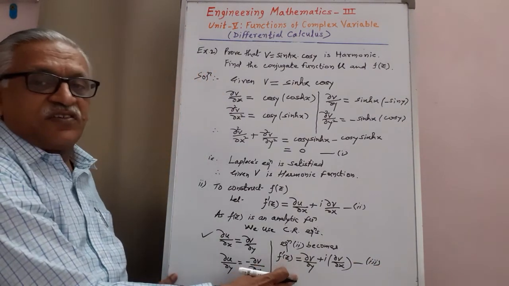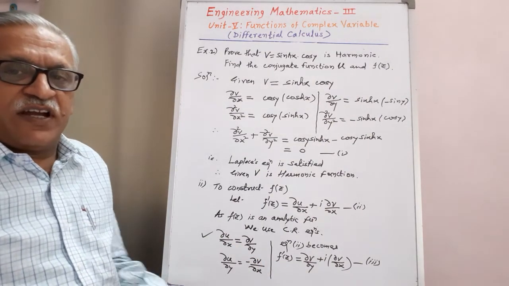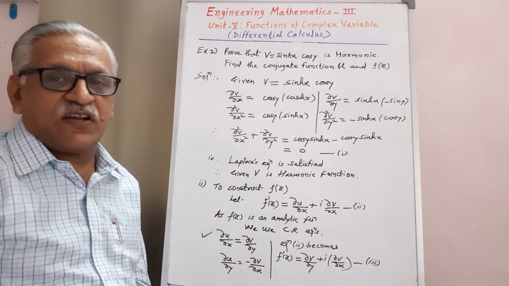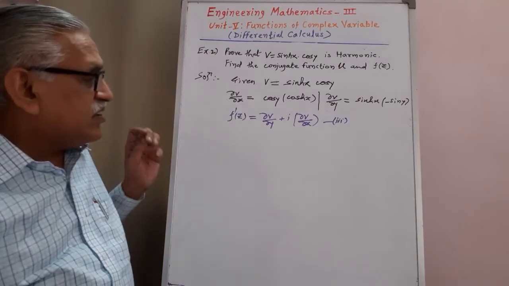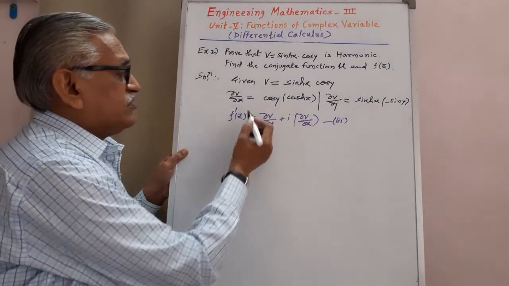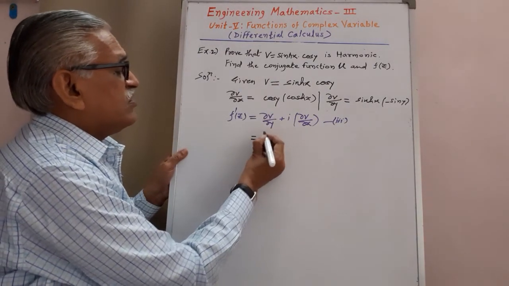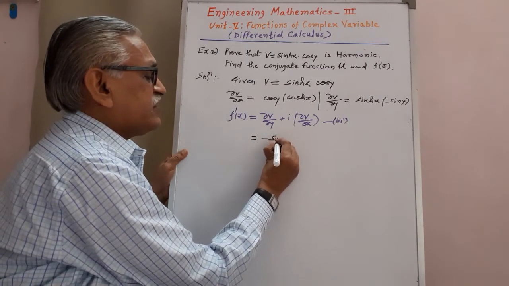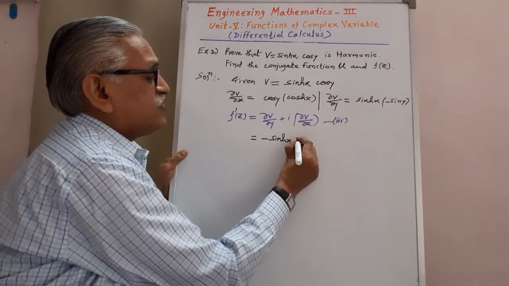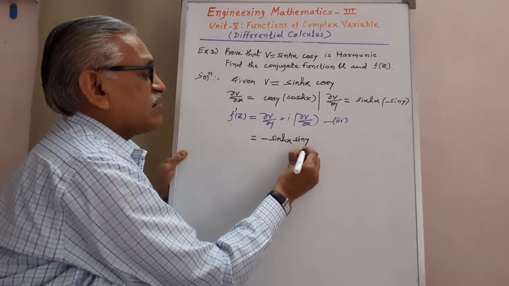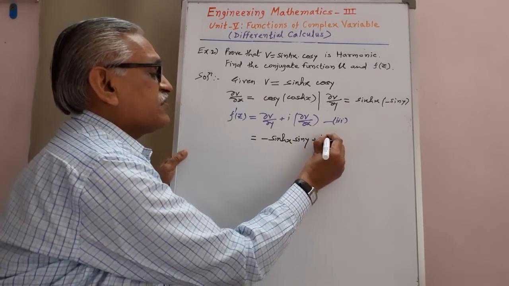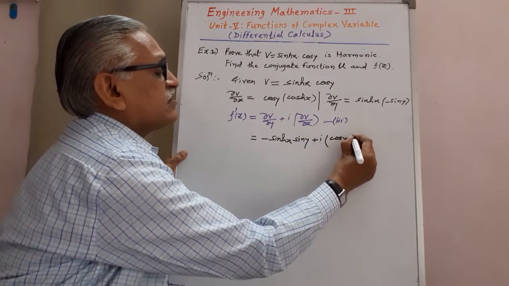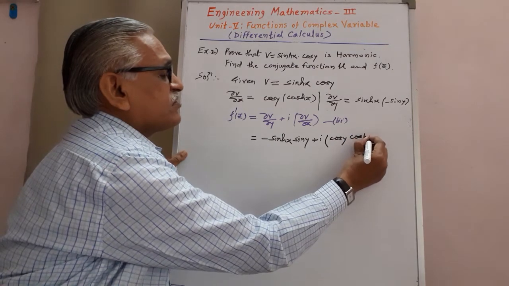And then using this equation 3, we get the value of f dash of z, and then integrating that with respect to z, we can obtain the value of f of z. And then substituting these two values, we have dou v by dou y as minus sin hx into sin y plus i times dou v by dou x, it is cos y into cos hx.